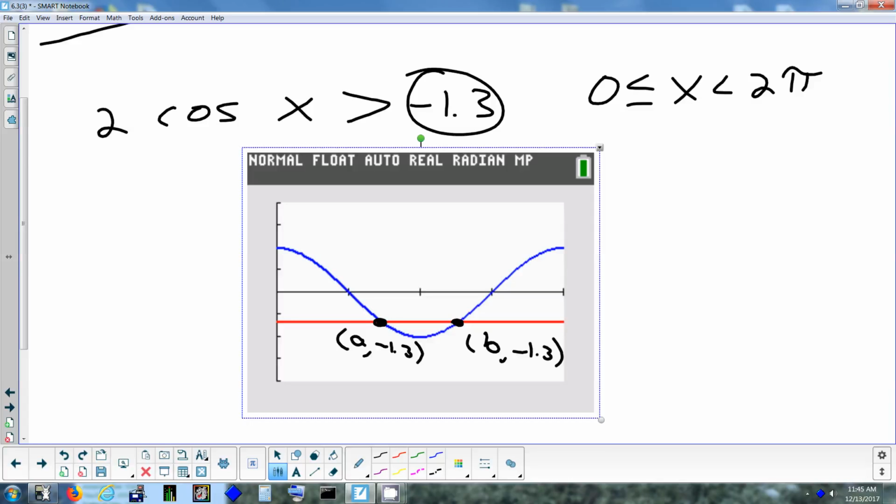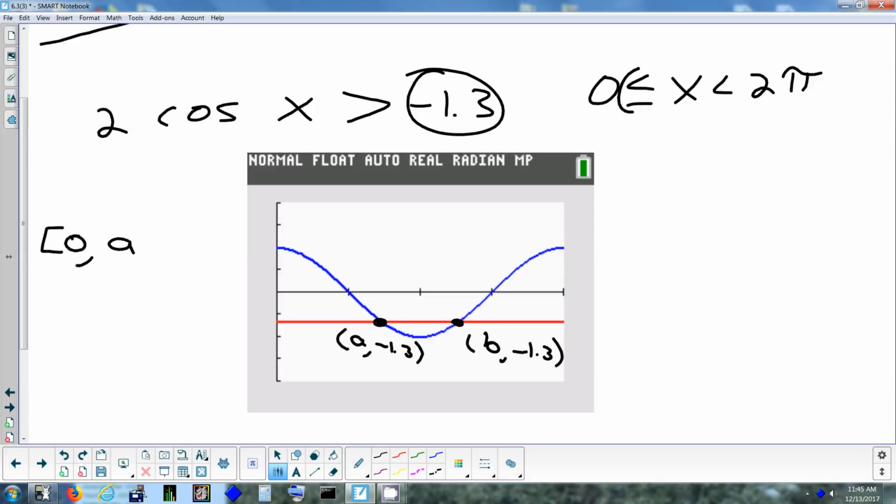0. Yep. So as long as x, actually I can write it as an interval. Anything between 0 and A. Now, I can include 0 because there's an equal to under it. Can I include A?